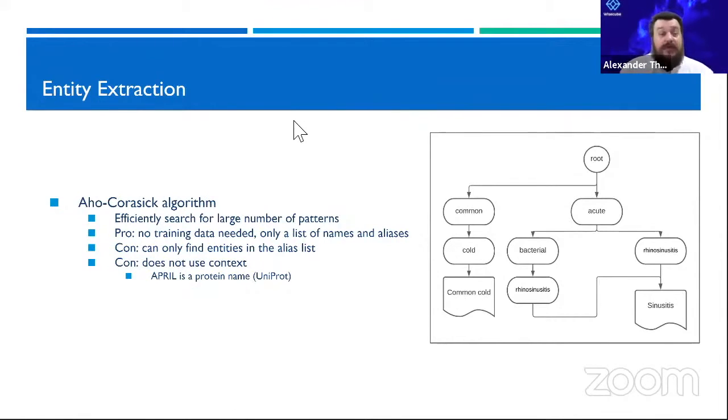So the pro is that no training data is needed. You only need a list of names and aliases, and you're ready to go. The cons are that it will only find the entities in the alias list, and it doesn't use context, which means that you can get a lot of false positives. For example, there's a protein with one of its aliases being APRIL, written in all caps.